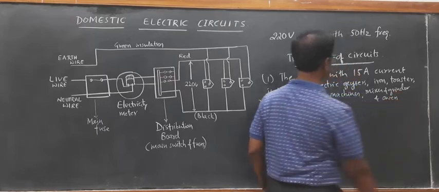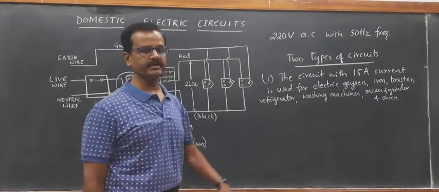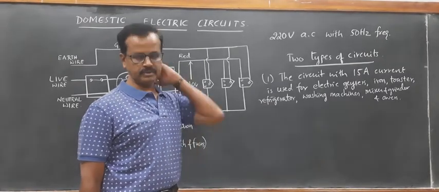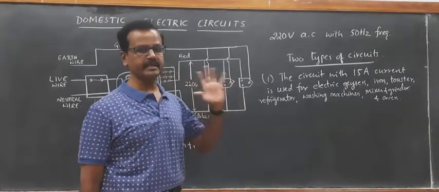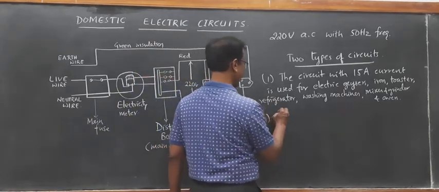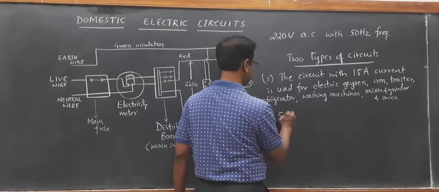Electric oven and all. So that is having 15 amperes of current, that is a separate circuit. The electric fuse which can withstand 15 amperes is connected for this circuit. And the second one is having 5 amperes of current.